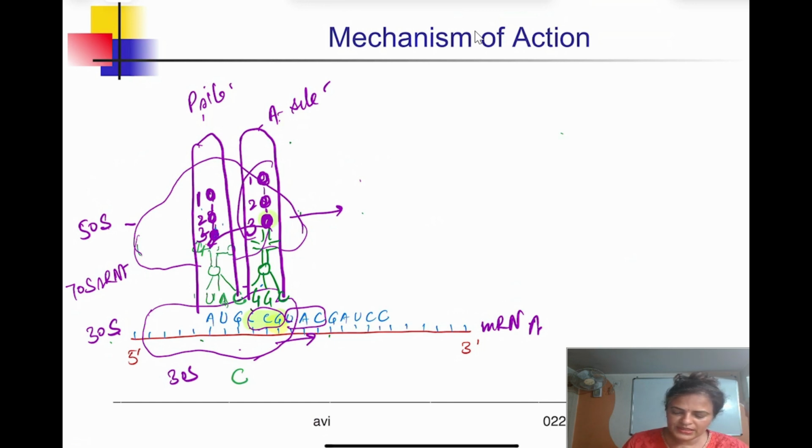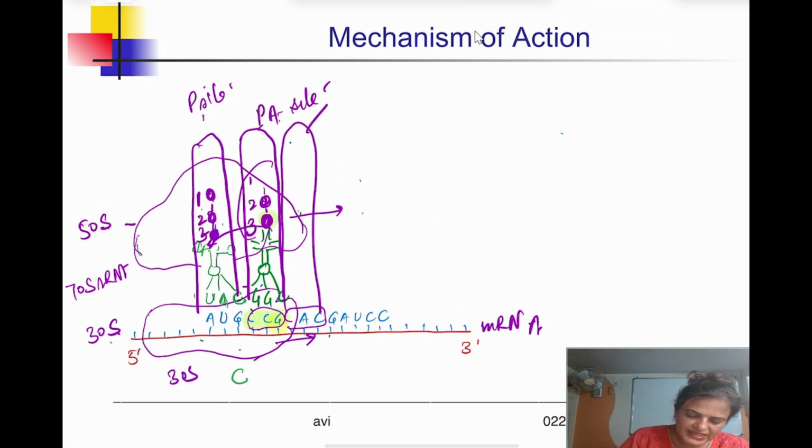Then again you can see in the next diagram, this acceptor site will be ready to accept the next. और ये वाला सारा, this is again ready for the next. ठीक है, तो ये यहाँ पे आ जाएगा. The acceptor site will be here, and the P site will be here. ठीक है, and this will move to the E site, or exit. ये जो transfer RNA, it will be removed.